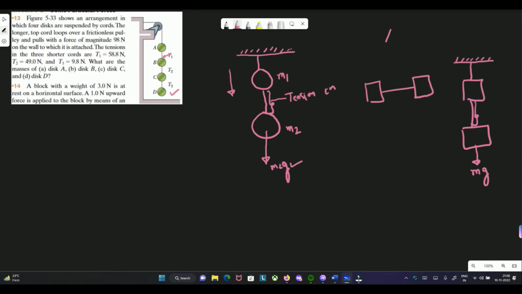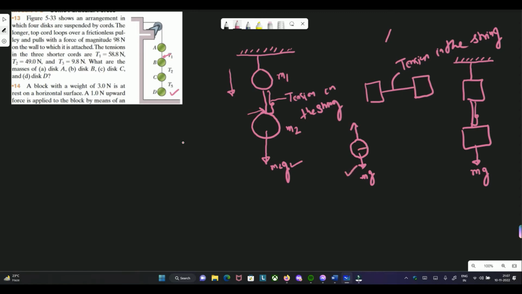I've just labeled tension. I have not shown the direction of the tension. I'm just showing you the words, tension in the string. Similarly, in the horizontal situation, you can see tension in the string. I'm just saying there is a tension in the string connecting the two masses. Now if you pick up one of the masses, let's focus on the free body diagram of the second mass.